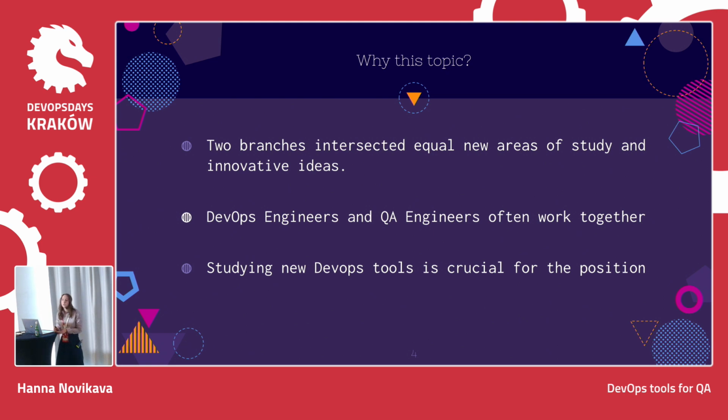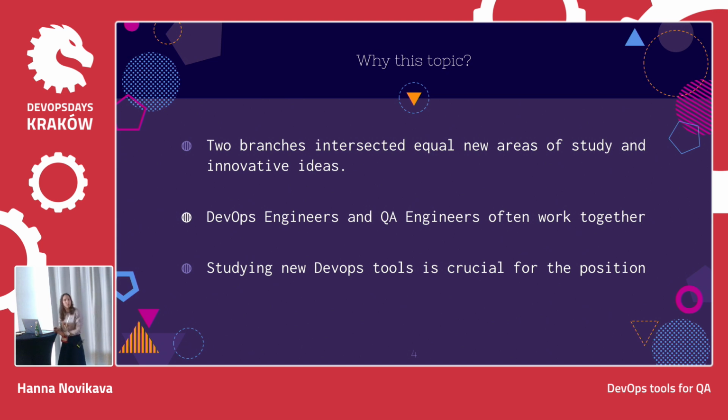That's why I decided that knowledge of DevOps tools is necessary right now for developers, but QA engineers need it too. As I said, the second reason is that I work a lot with QA engineers, and I know their pain, and they know my pain too.